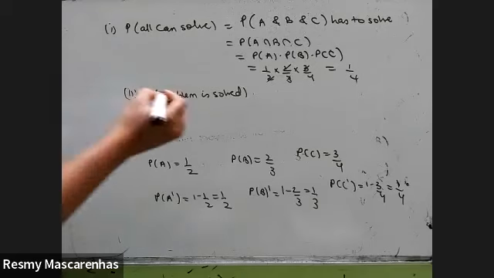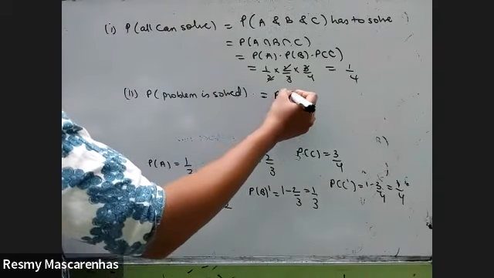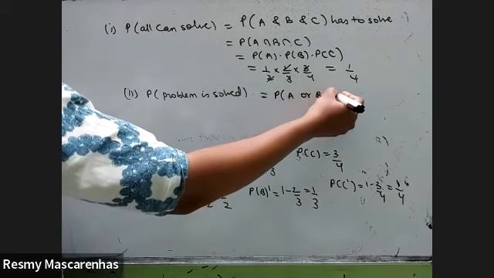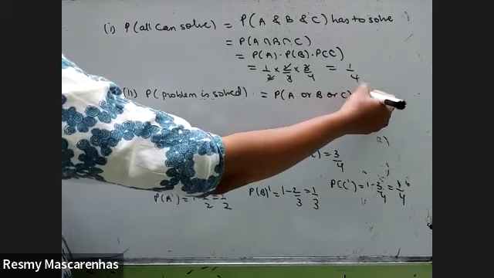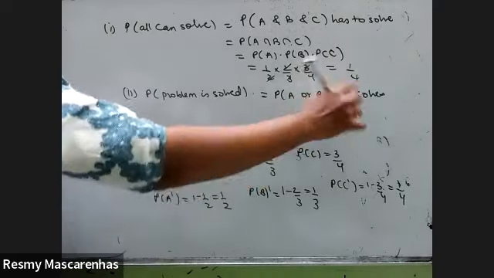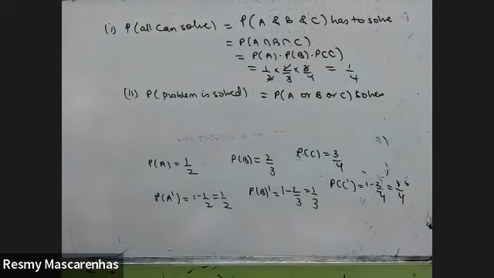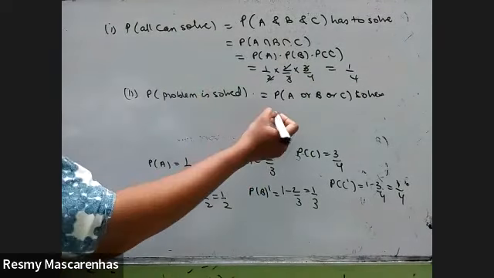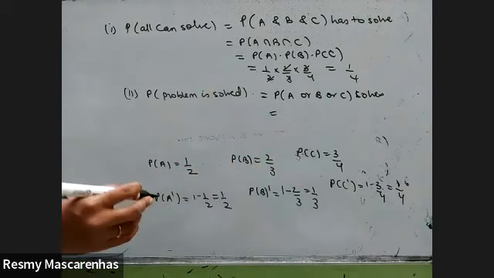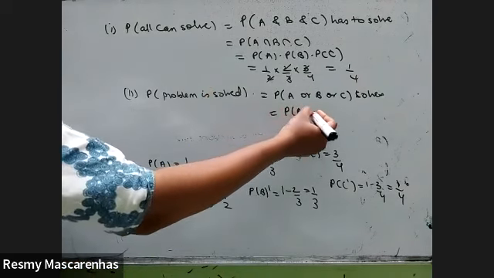So what it means is A or B or C solves. Either one of them solves, the task is over. Or means always union.